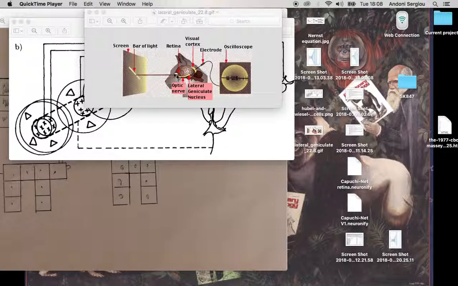The left part of your left eye goes towards the right side of your brain and vice versa, by the optic chiasm, and hits your thalamus. A particular region of your thalamus called the lateral geniculate nucleus, the LGN, and then onto the striate cortex. And they wanted to understand how striate cortex neurons are representing what they're receiving at the retina.